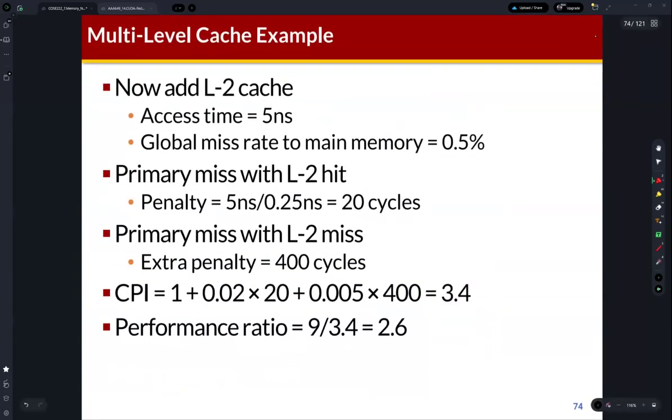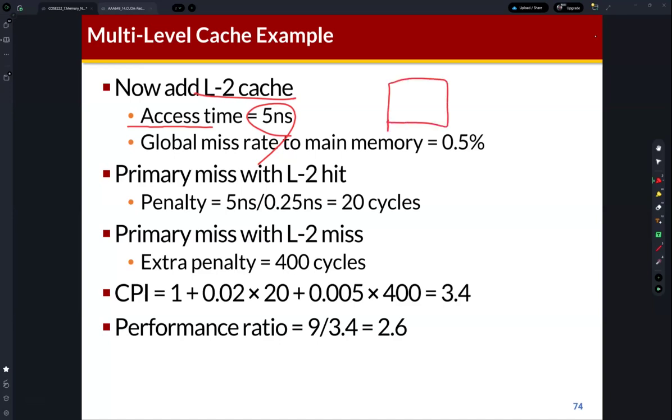But if we add an L2 cache, let us assume that the access time is 5 nanoseconds, because the cache is in the CPU chip. So this is the on-chip cache.